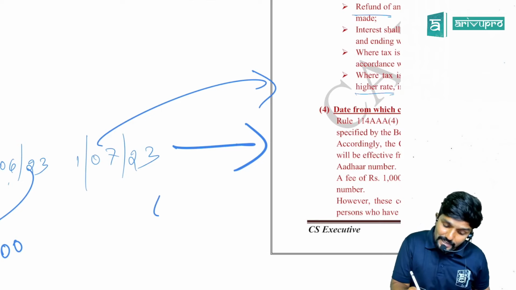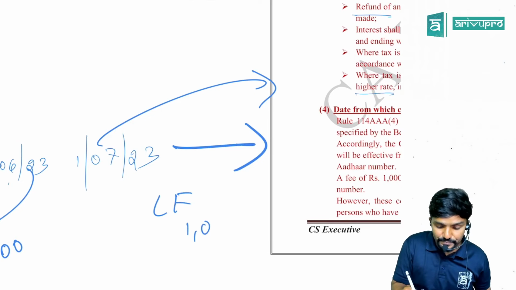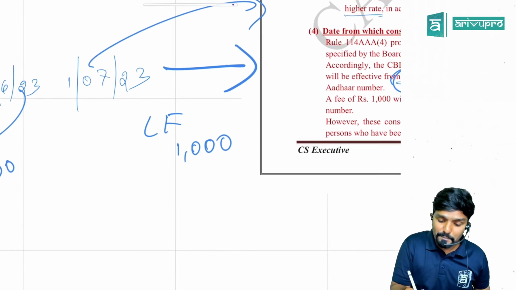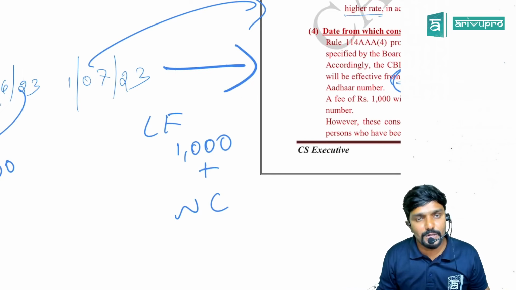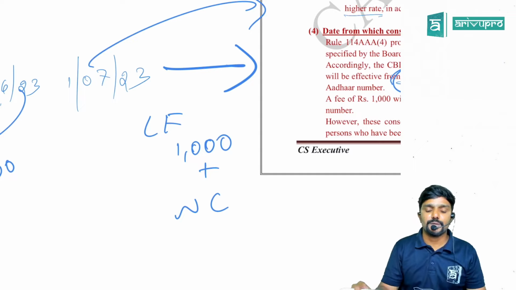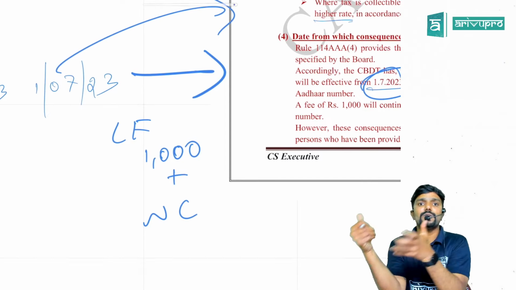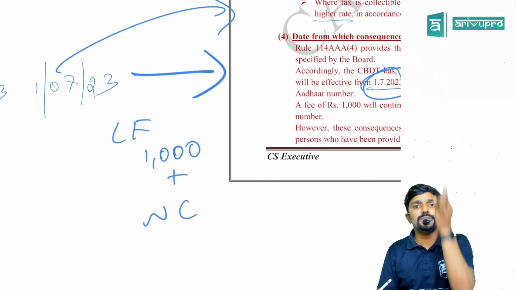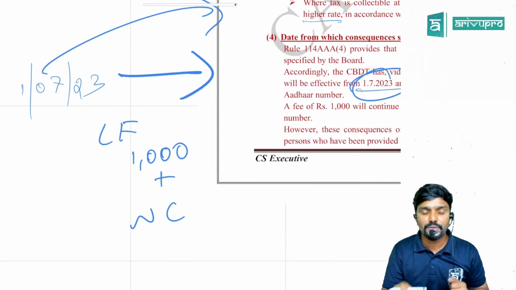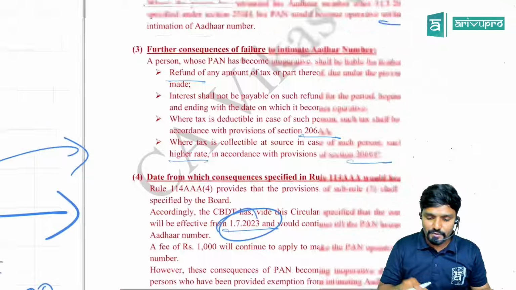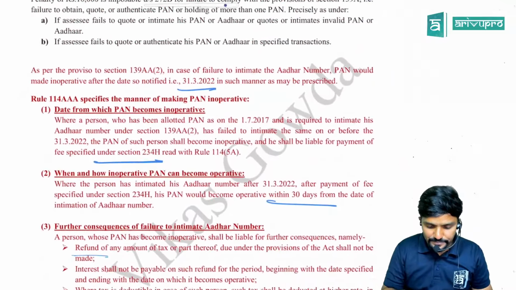You have to pay late fee of 1000 rupees under section 234H plus negative consequences also you have to face. Okay, sir, when will I come out of the negative consequences? Once you have linked your Aadhaar with PAN by paying 1000 rupees extra fees within 30 days, as per this point we have seen now.